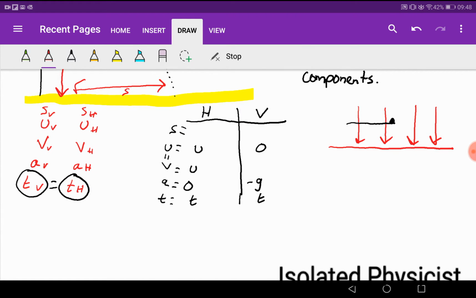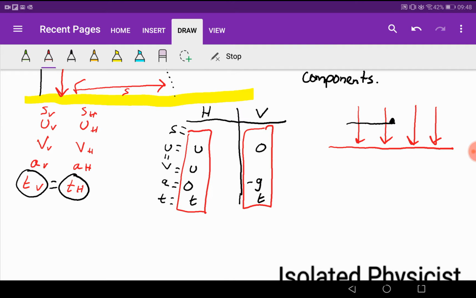Just a quick word on how to apply the horizontal and vertical nature of a problem. All you need is 3 things in either of them, and you can do them.